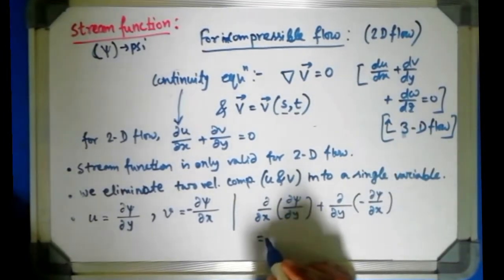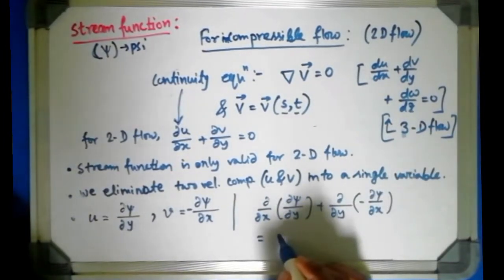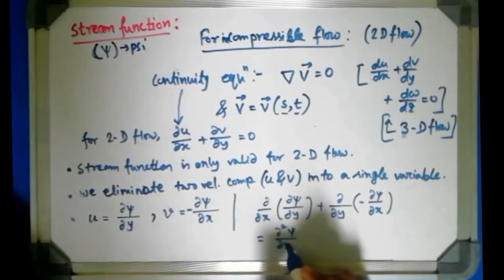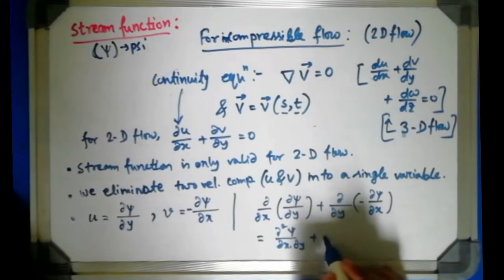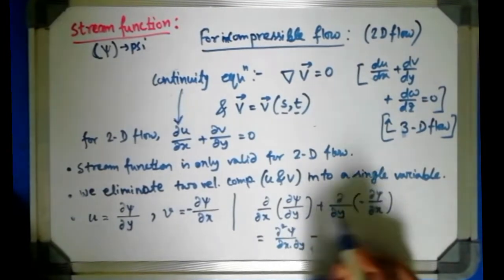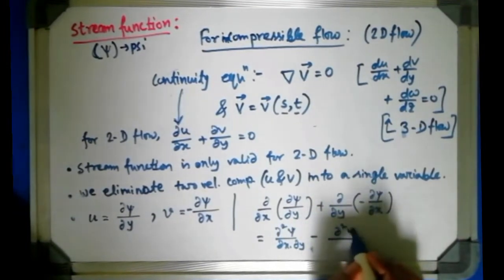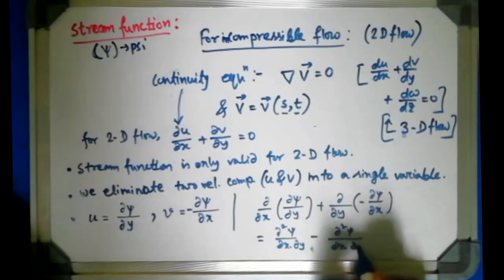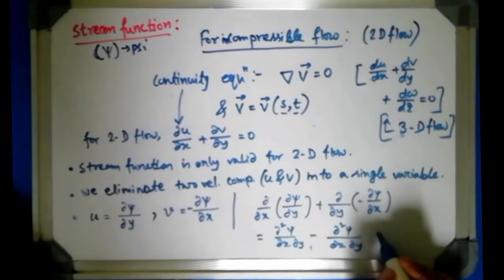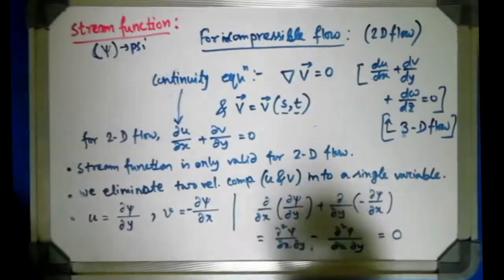Now simplify it, obviously it will give you 0, because this term will give you del square psi del x del y, plus, since the minus comes out, minus del square psi by del x del y. Now see, these two terms cancel each other and it gives you 0.